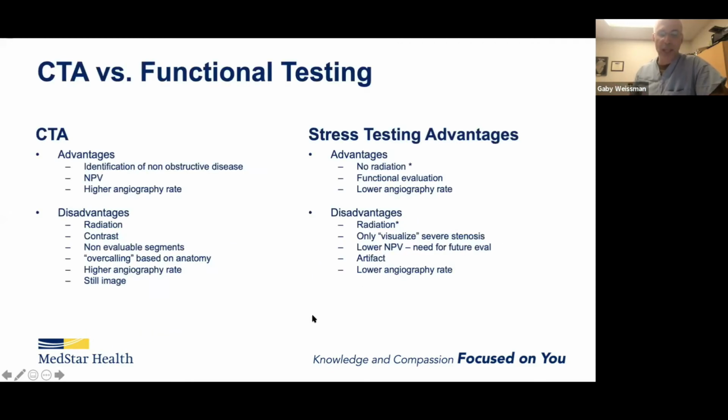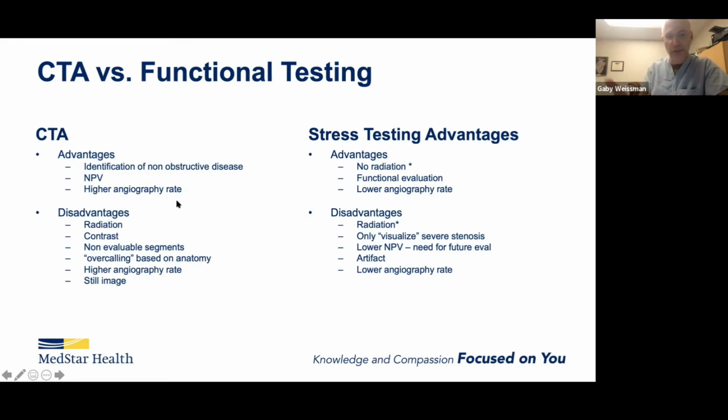So after all of that background data, where do we stand and what are we thinking? If we take all the stress tests and put them in one bucket, and then take CT or anatomical testing on the other side, you can see that CT identifies non-obstructive disease. It has a very high negative predictive value. If it's normal, it's normal. That's very helpful. There is a higher angiography rate.